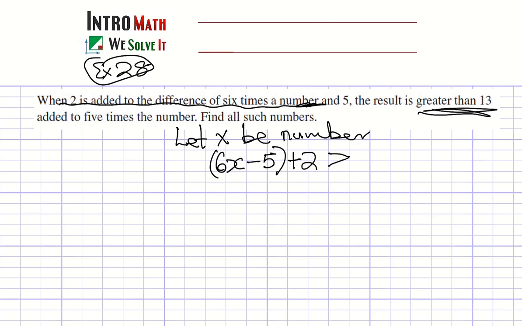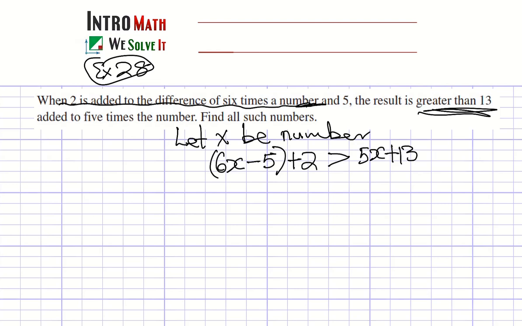Again, they're doing something to the number: 5 times the number, and 13 added to it. You see that, right? That's what they're saying. Sometimes it's a tongue twister, but if you read carefully, you get that. So that's what they want you to solve.